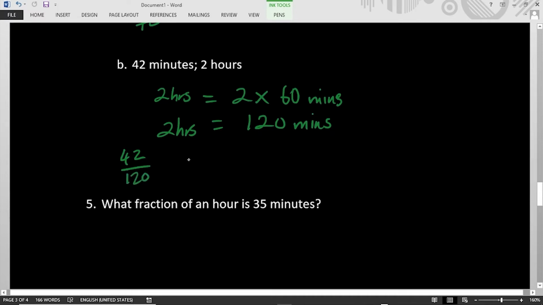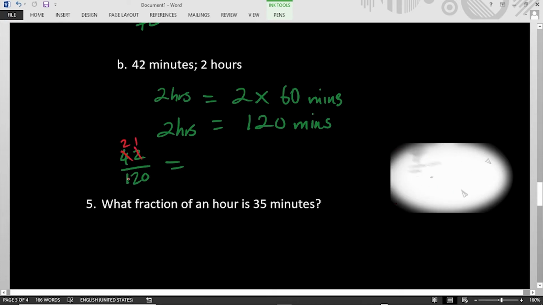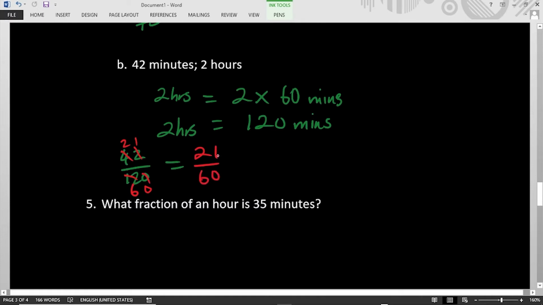120, right? And then simplifying that, the highest common factor between both of them, well, let's try 2 first and see what happens. 2 into 4 is 2, 2 into 2 is 1, and 2 into 6, 2 into 12 is 6, and 2 into 0 is 0. So 21 over 60. That can still be reduced further.